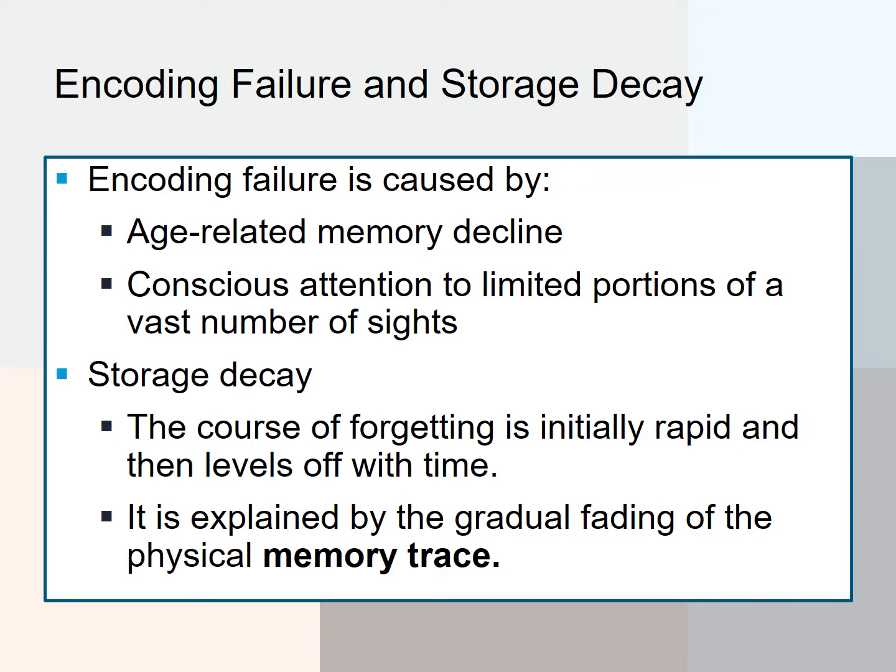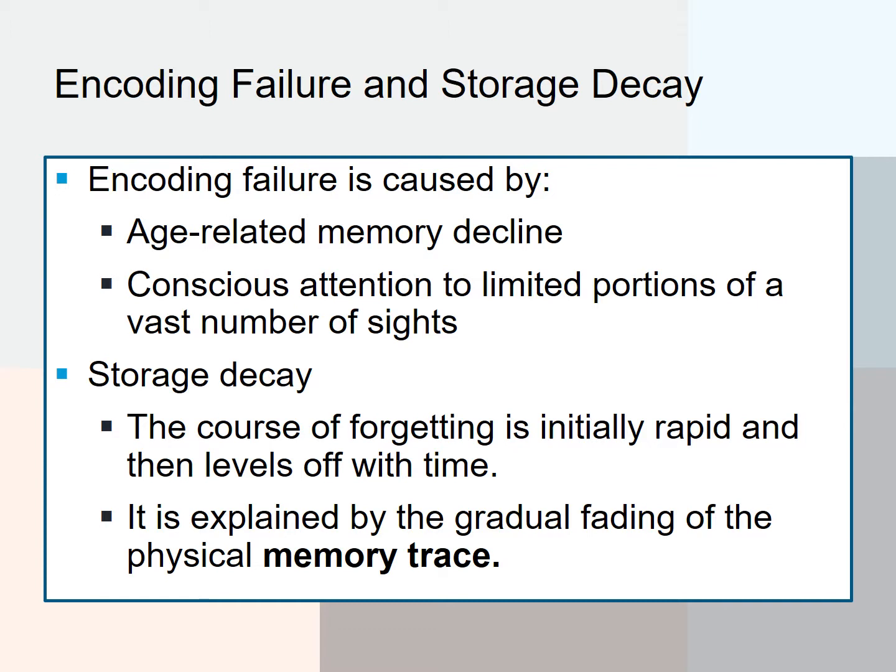So encoding failures are caused by age-related memory decline. Older brains work slower than younger brains. That's just how it is. Conscious attention is limited to portions of a vast number of sights. Like I mentioned before, you can't take in everything. It's just too much. And then there is storage decay.